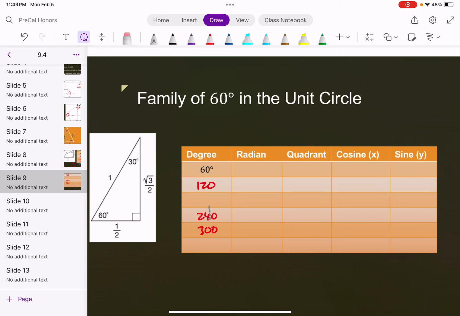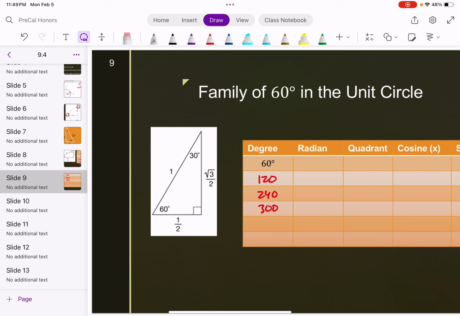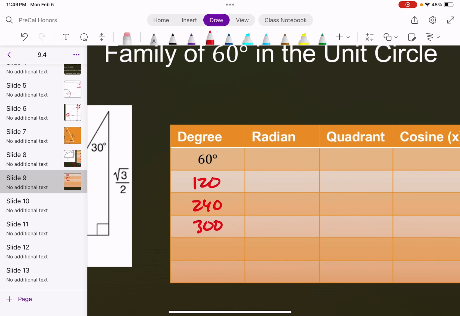Now, once we go ahead and move everything where we need to move it, we can start calculating our radians. We know that 60 is pi over 3. 120 would be 2 pi over 3. 240 would be 4 pi over 3.